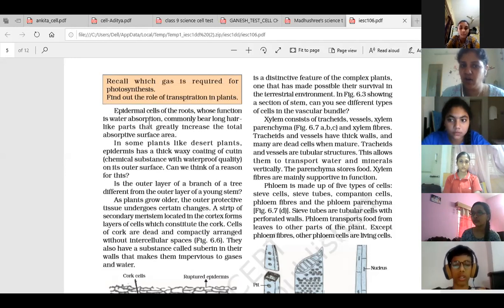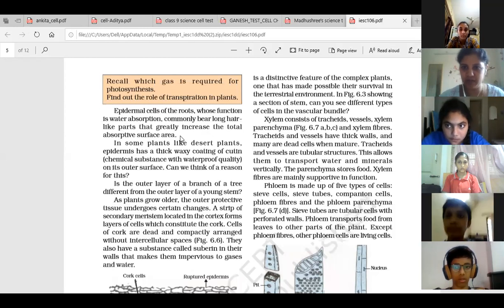The root epidermis commonly bears long hair-like parts that greatly increase the total absorptive surface area. The epidermis of the roots has thin, long hairs, so the water absorption area will increase because more and more part of the root is exposed to soil.